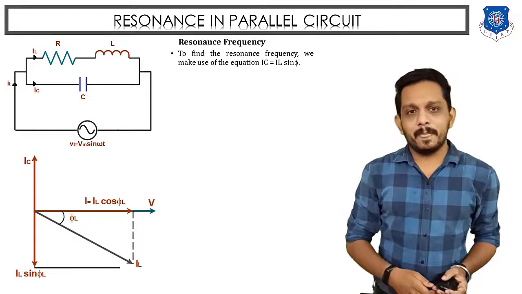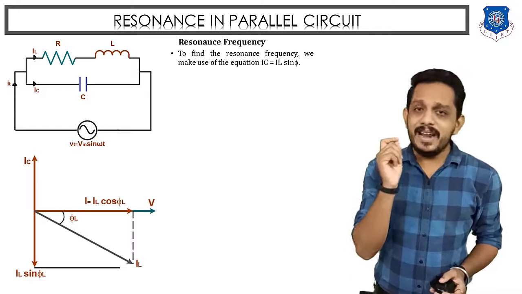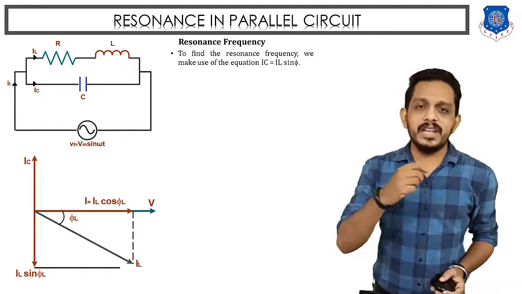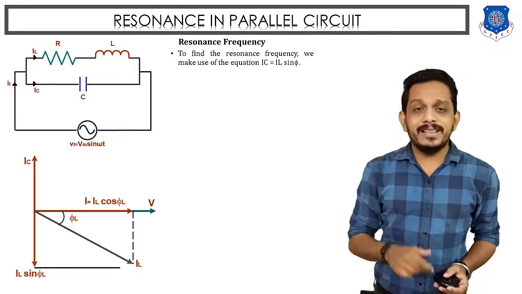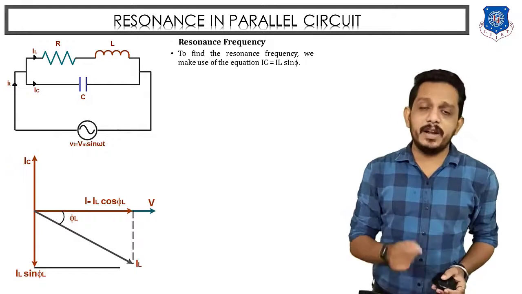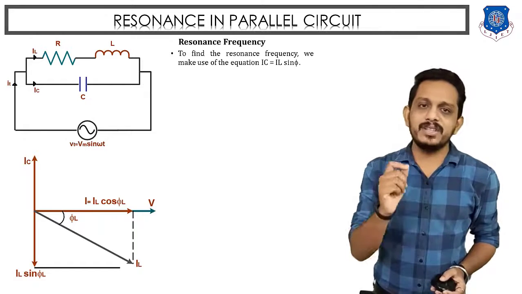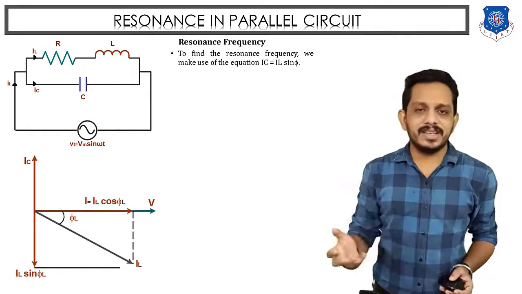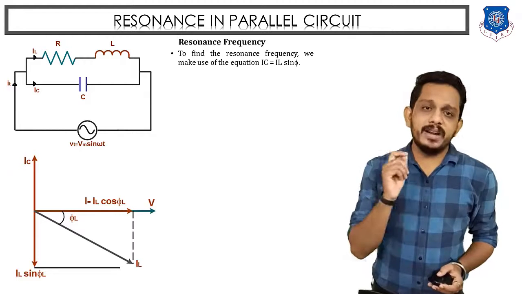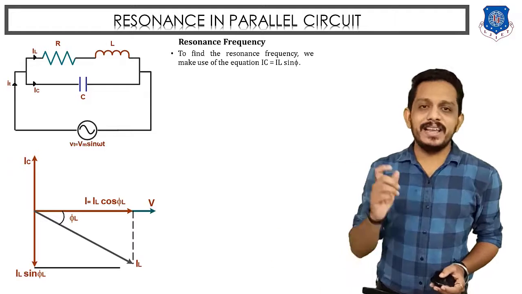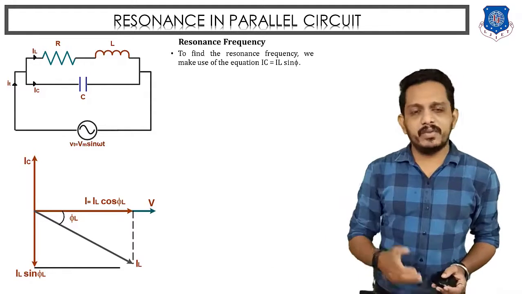So we can say that the resonance condition in any circuit is nothing but the phase angle between voltage and current becoming 0. That means the power factor of that circuit becomes unity. So this condition is known as the resonance condition in any type of circuit. To find the resonant frequency, because this IC and this IL sin phi are functions of frequency obviously.